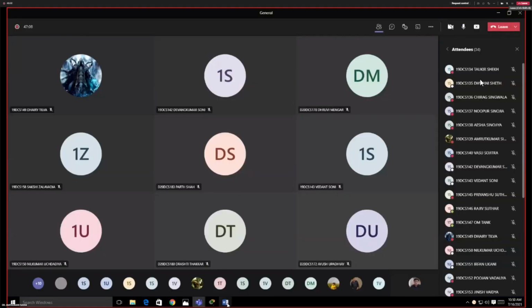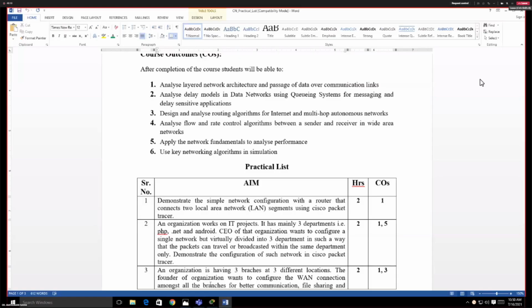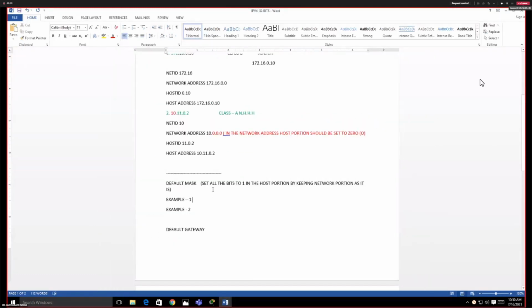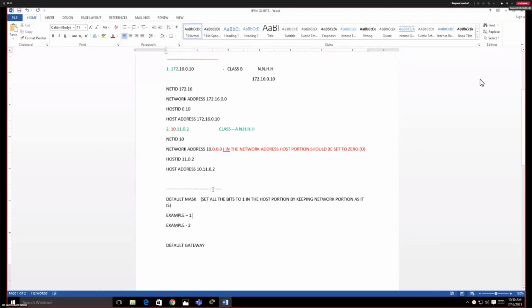So now, for example number 1, what will be the value of the default mask? 172.16.1.1. Default mask.